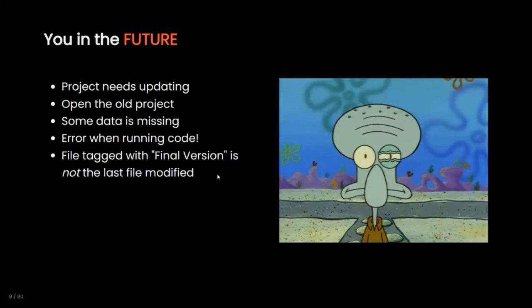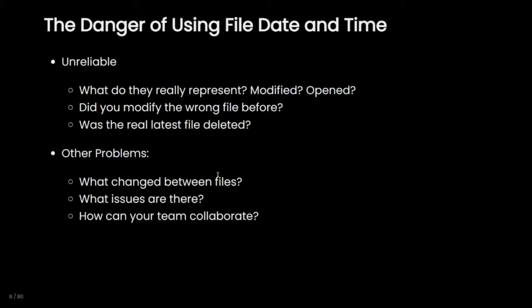Maybe you've lost some of the data itself. Maybe it's no longer available, or maybe it's just that the software that you're using doesn't really work with the data as it is anymore. There's a lot of things that can go on. For instance, even maybe the final version of your report is not actually the final version according to the last file that was modified. So this is not an uncommon experience for many people who work on long projects.